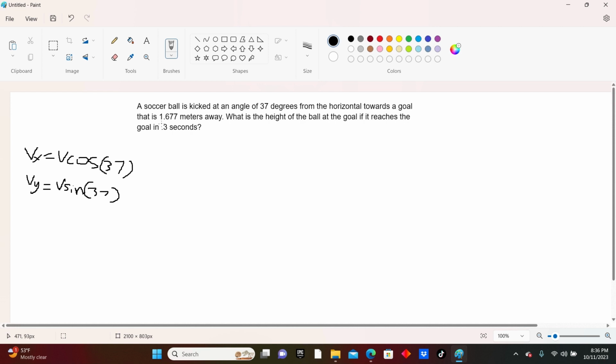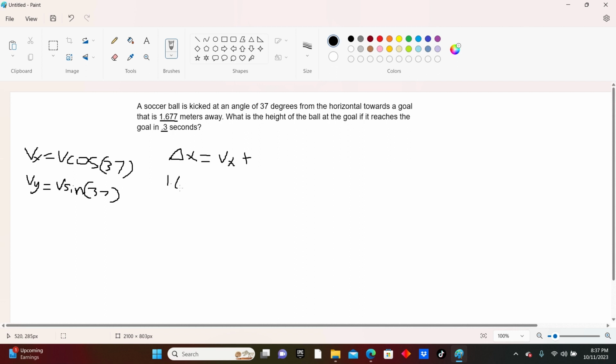We're given our horizontal distance, which is 1.677, and we're given the time it takes to reach that horizontal displacement, which is 0.3 seconds. So using that, we can solve for v. Delta x equals vx times time. This is just a standard formula. We know that our vx is v cosine 37, times 0.3, and our distance is 1.677, so we can plug these values in.